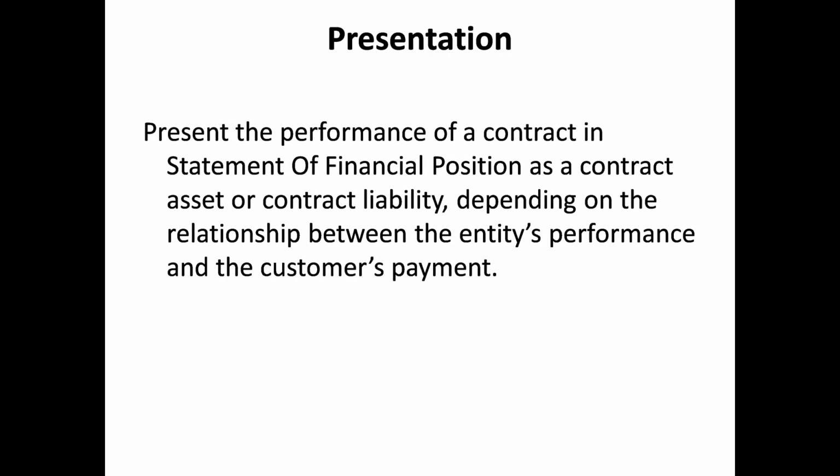Presentation. Present the performance of a contract in statement of financial position as a contract asset or contract liability, depending on the relationship between the entity's performance and the customer's payment. Now we are going to study about contract assets and contract liabilities.